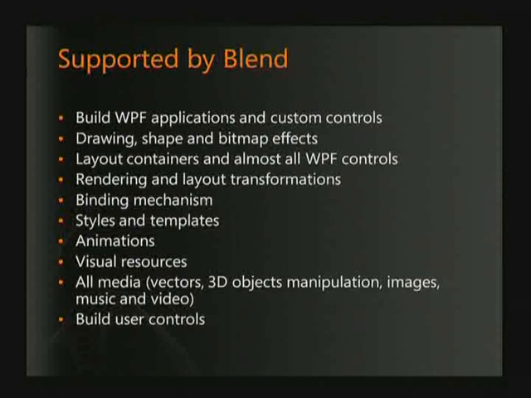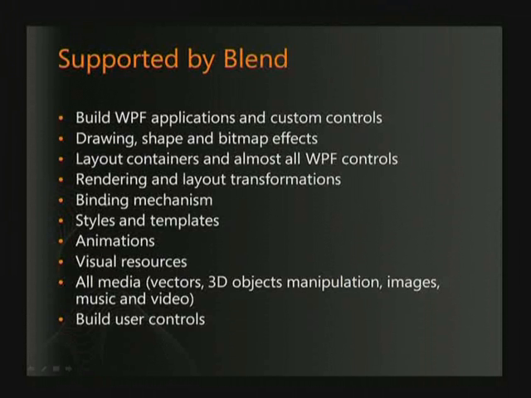What you can do in Blend, you can do a lot of things that WPF provides. So you can make some drawings, you can manipulate vector objects, shapes. You also can manipulate all the layout containers WPF provides. You have the rendering features in WPF, and Blend can let you manipulate the different renderings we have, so you have the rendering and the layout rendering transformation.